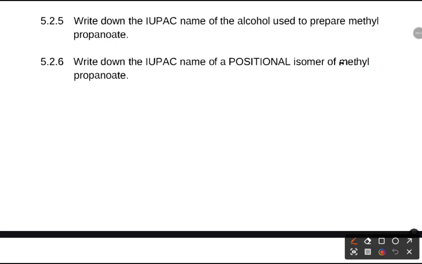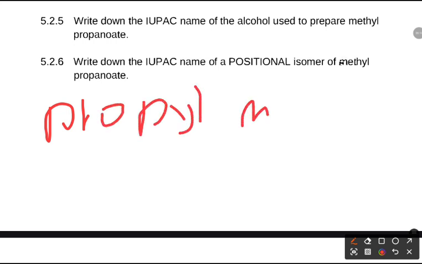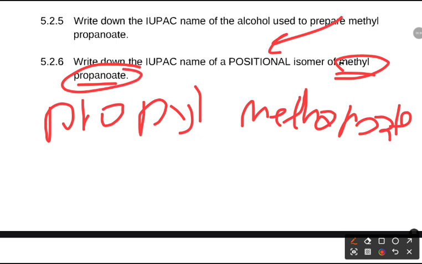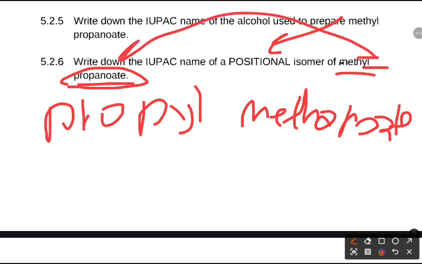So you'll simply say, okay, this will be propyl methanoate. Always remember that when you are given a random ester and asked to write its positional isomer, that means the alcohol will be placed on a different position, so we are going to change the naming. The ending will go to that one, and the ending of that one will go to this one. So you'll end up having propyl methanoate.